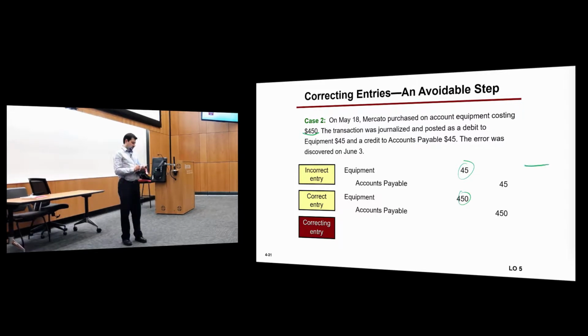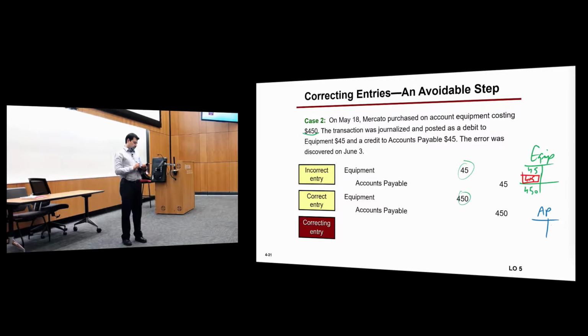We have equipment, it's debited 45, it's supposed to be debited 450. What's the amount that you need to put here as the correcting entry? 405 on the debit side. And now we'll do the same thing for accounts payable.